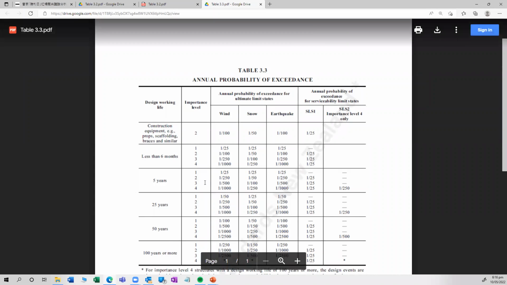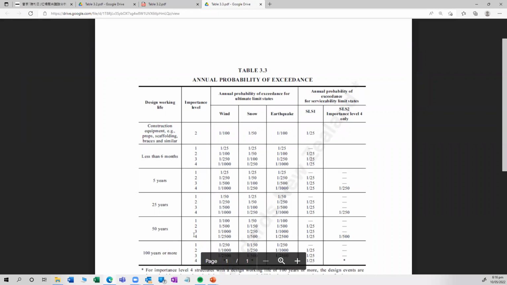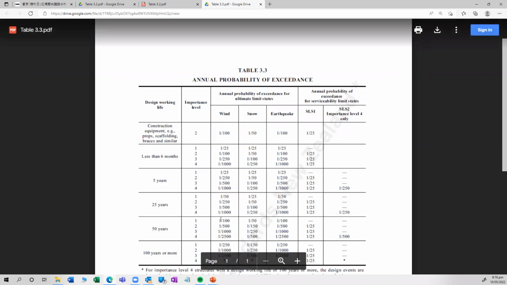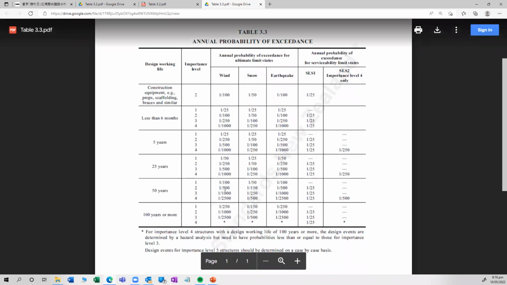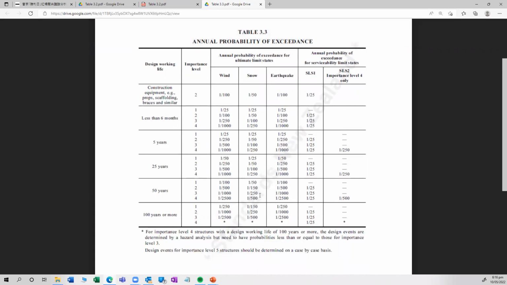So if you've got a design working life of 50 years, say, and an importance level of 3, then your probability of exceedance for wind is 1 in 1,000. Snow is 1 in 250, earthquake 1 in 1,000, and your serviceability is 1 in 25.